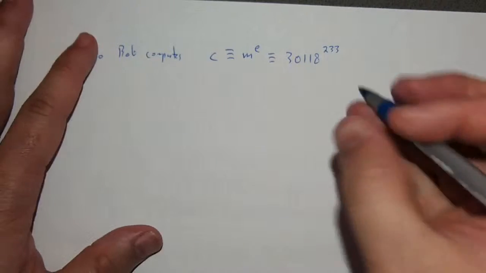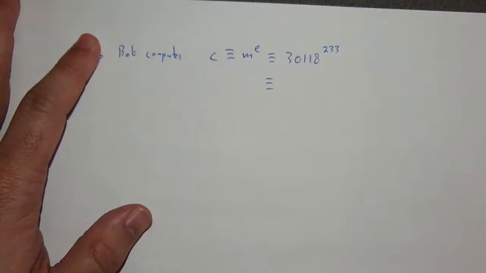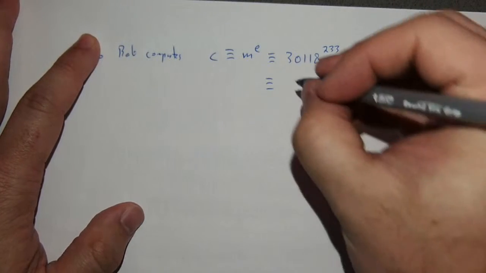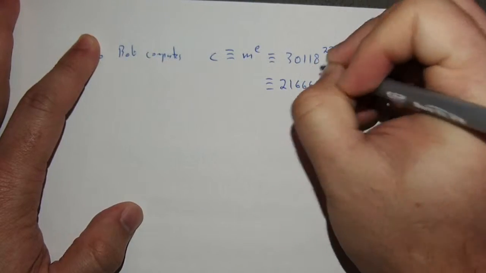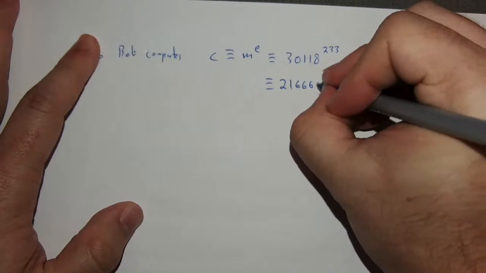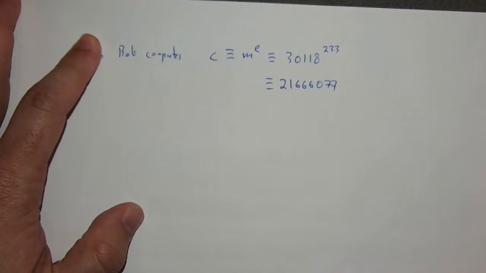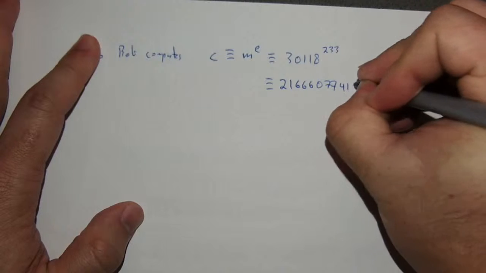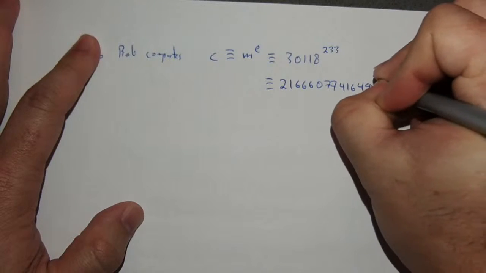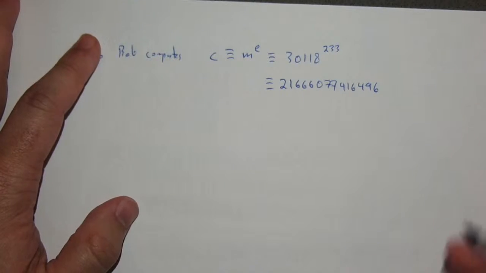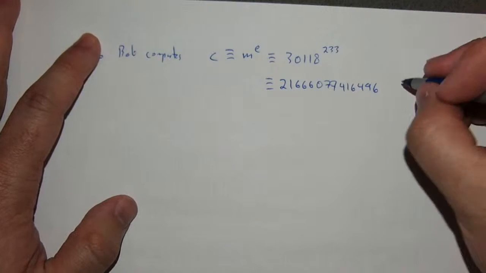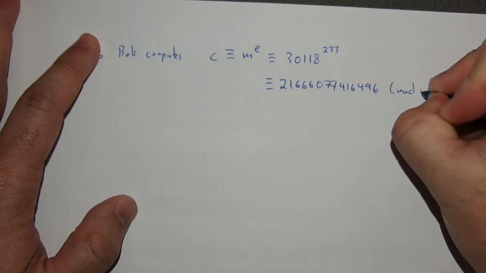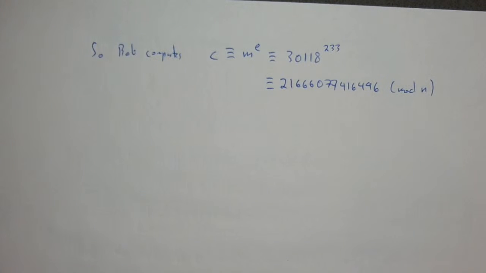And finds that this is congruent to, I'm just going to read off numbers from left to right, 21666 077 416 496 mod n. Okay.